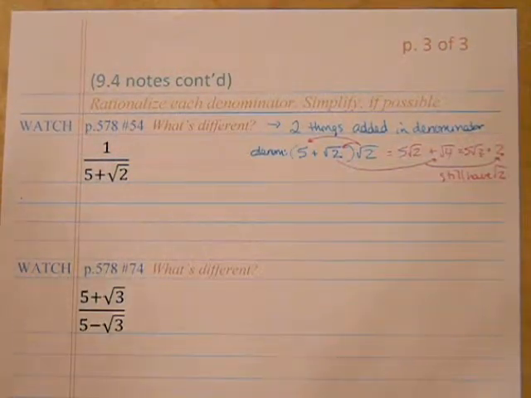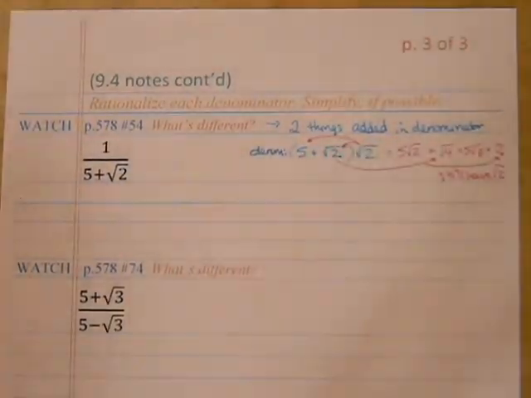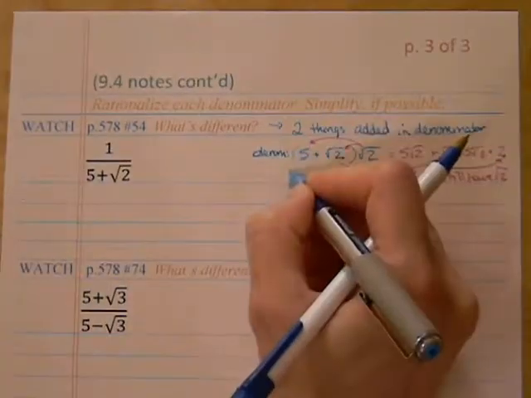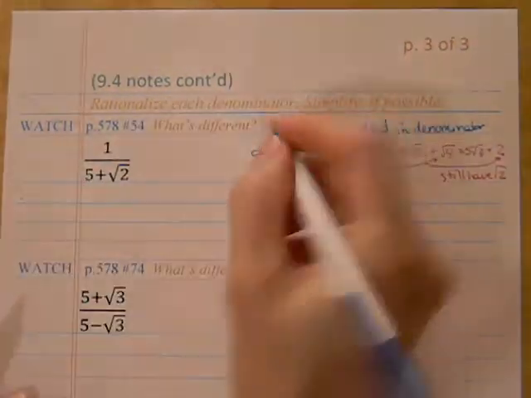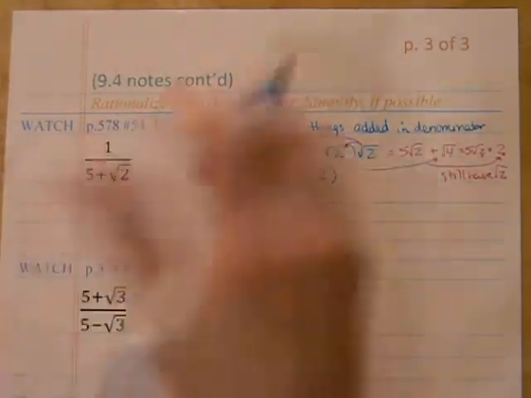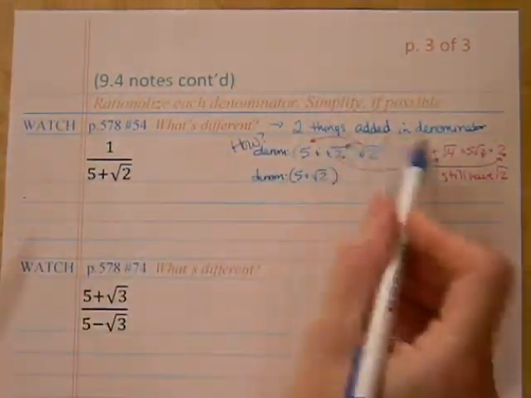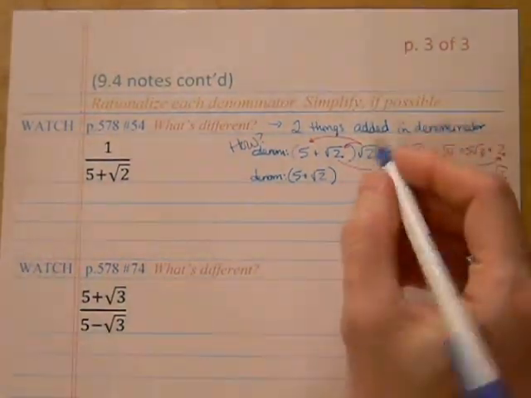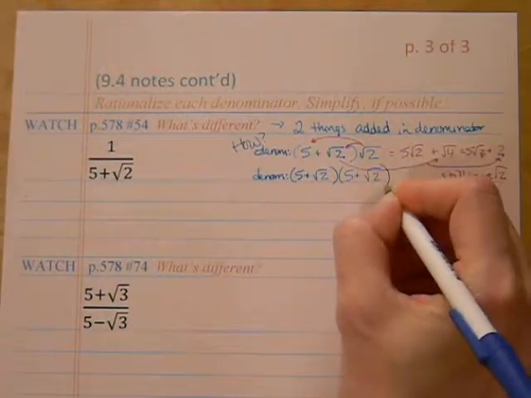So then you might think, okay, well, what if I multiplied by exactly what I see here? So again, we have the denominator of 5 plus radical 2. So the question is, how do we rationalize when you've got things being added in the denominator? So let's try multiplying by exactly what we see, the 5 plus radical 2.